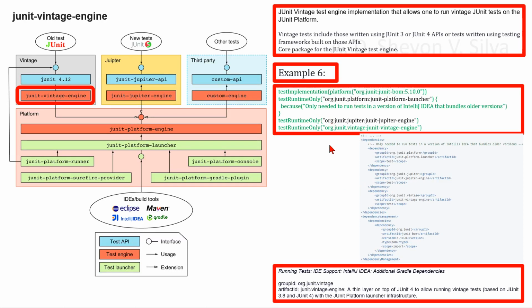Here the artifact junit-vintage-engine in group ID org.junit.vintage is a thin layer on top of JUnit 4 to allow running vintage tests based on JUnit 3.8 and JUnit 4 with the JUnit Platform launcher infrastructure. Here you can see additional Maven dependencies.